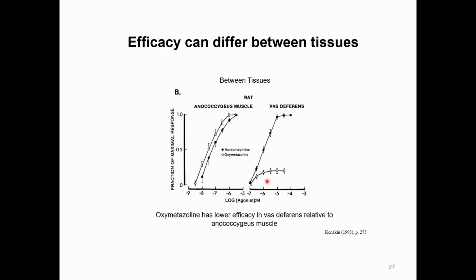And so this is actually kind of how you have to think about things in the real world, because you have to think about the organ system you're treating. So for instance, instead of efficacy, let's say we're looking at side effects, and we have cardiac muscle and skeletal muscle. Say we want something that would relieve spasms in skeletal muscle.